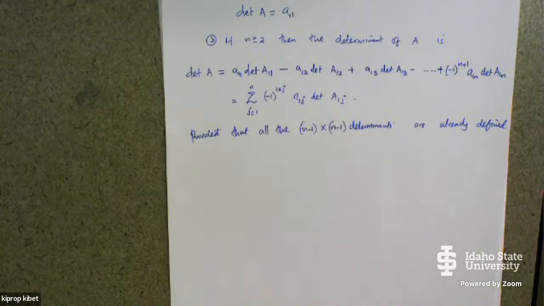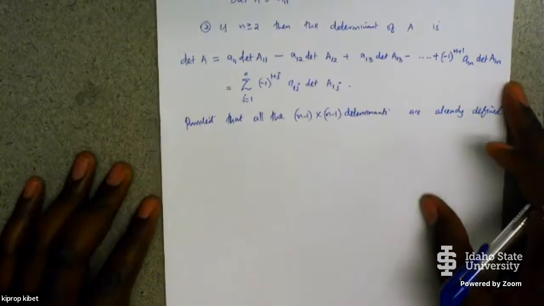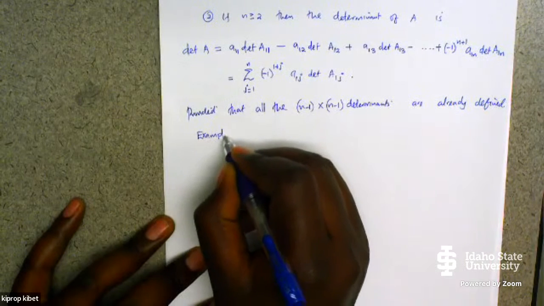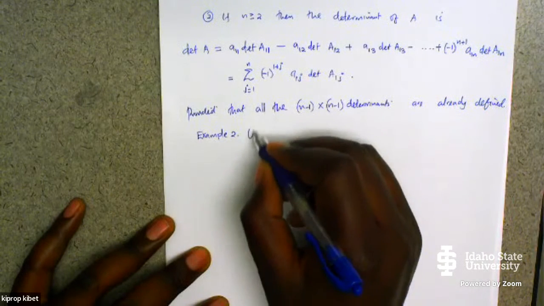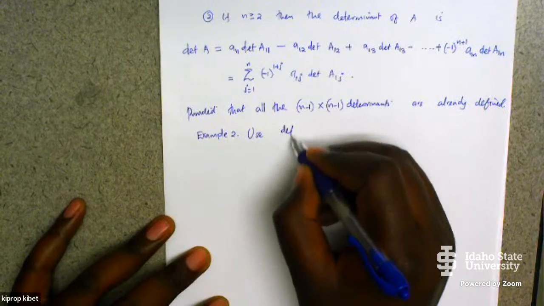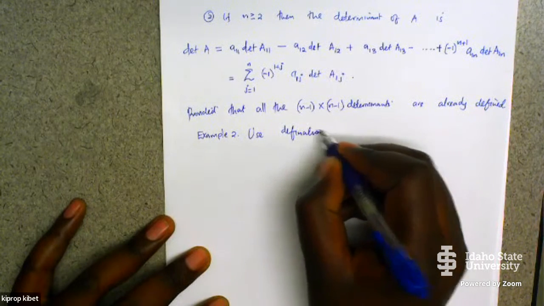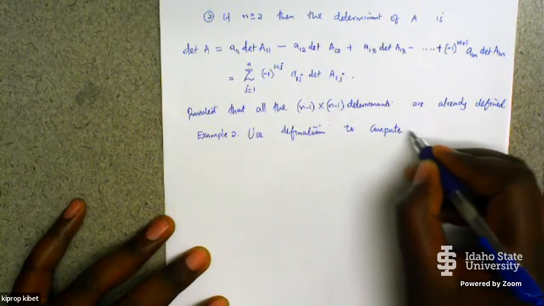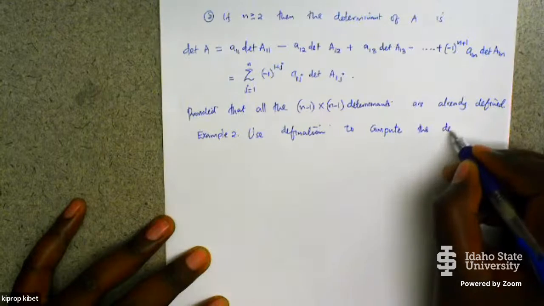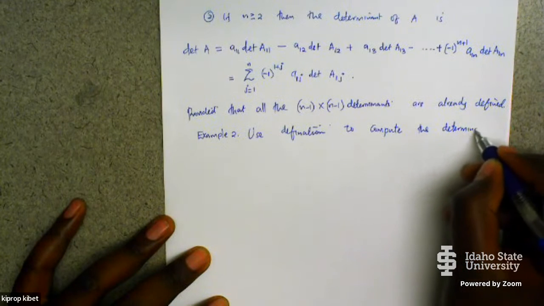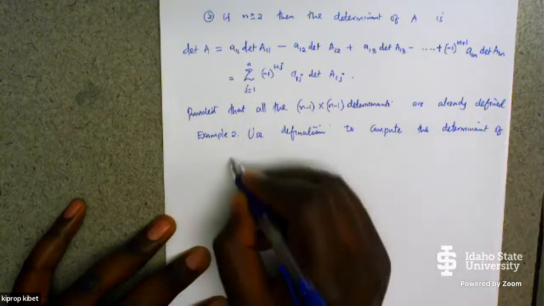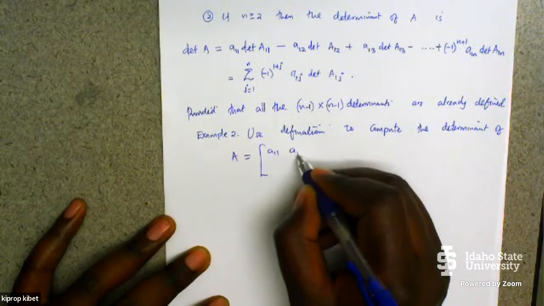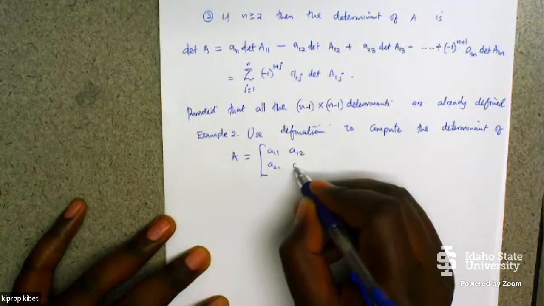Okay, example number 2. Use the definition to compute the determinant of A, which is the matrix with entries A11, A12, A21, A22.